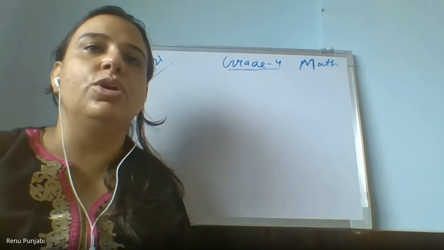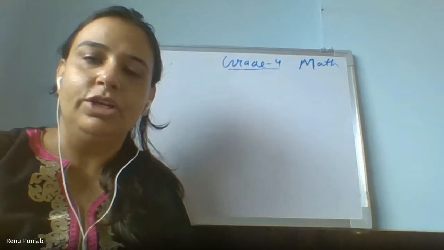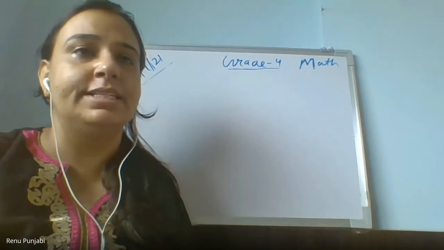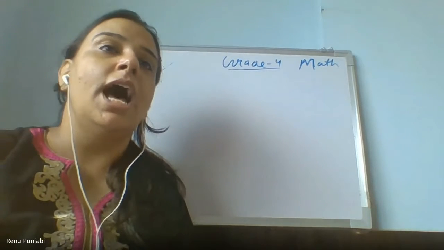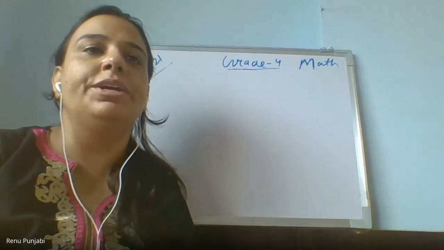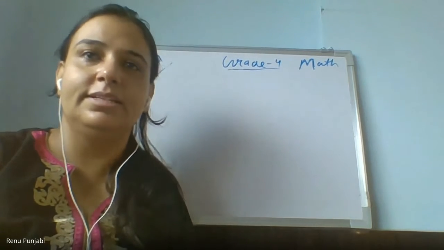Thank you, children. So you have enjoyed this. You know what the basic thing behind this activity is: you will learn to recognize the objects which are in circle shape, right?